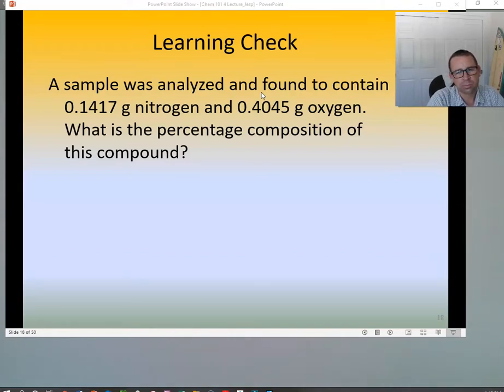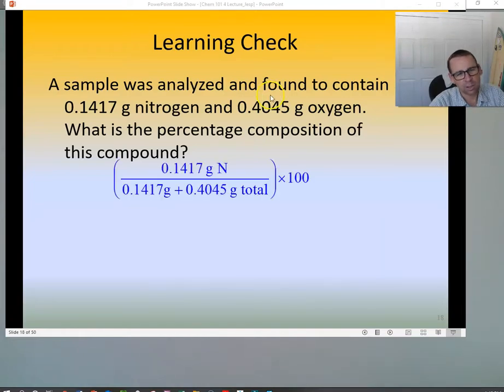Okay. Well, in this case, how are we going to get the total if we don't know the chemical formula? Could we just add those 2 together? Yeah, could we add those 2 together and then we just divide by whichever element we're looking for?